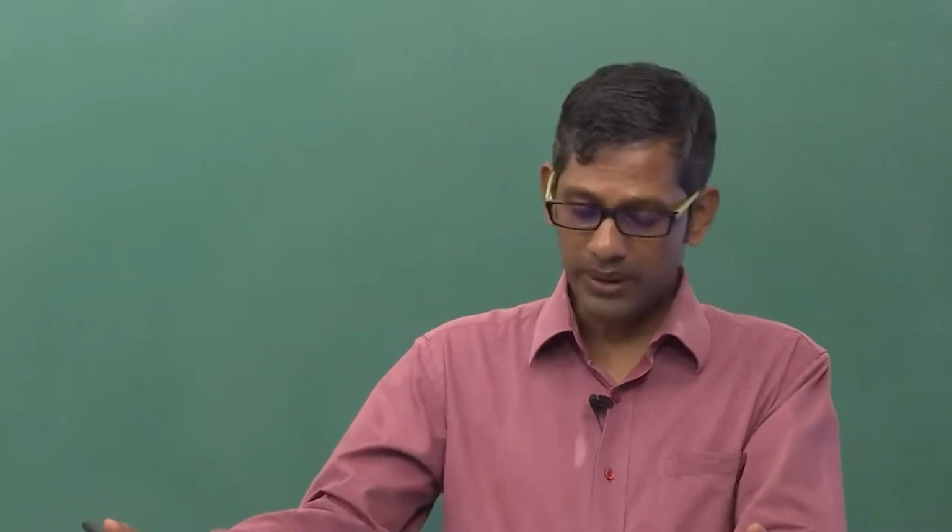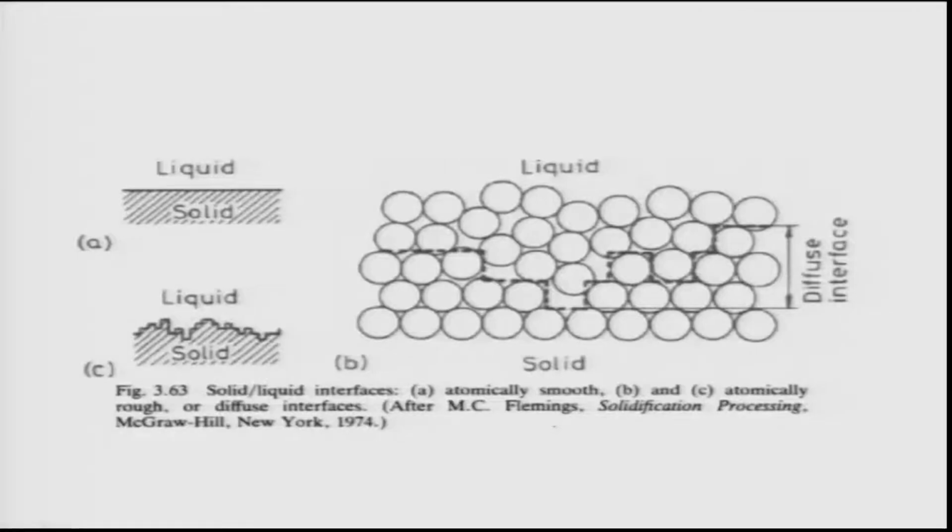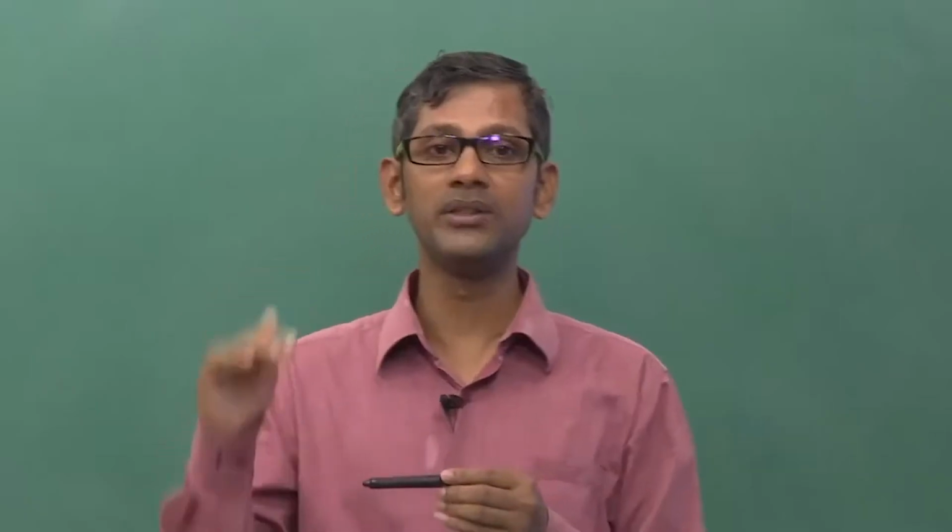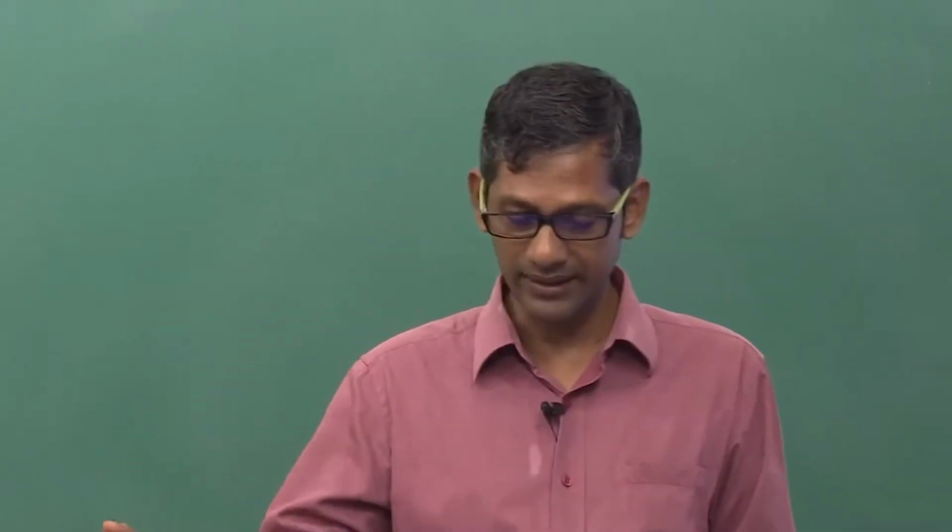So there are two types of surfaces created. One is known as atomically smooth, labeled A, and the other is atomically rough. These are very confusing terms for students. Smooth means it's a very nice surface, and rough means a lot of jagged things are there.